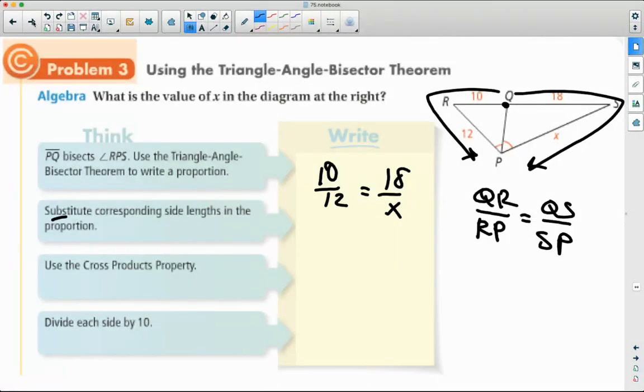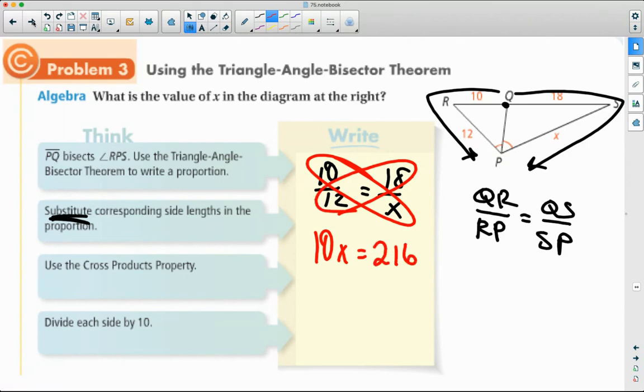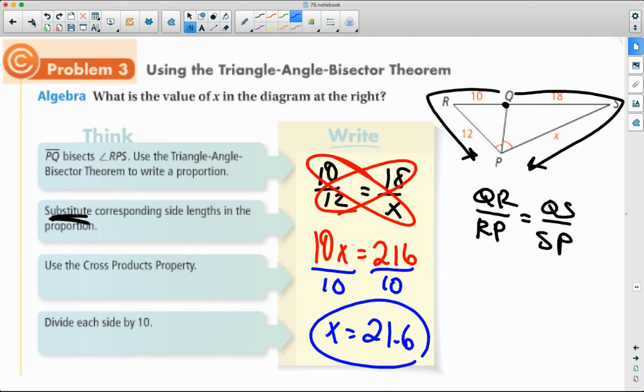Now we substitute those in. We kind of did that backwards, that's all right. Now we'll cross multiply: 10x is equal to 12 times 18, which is 216. Divide both sides by 10, and x is equal to 21.6. There's our value for x.